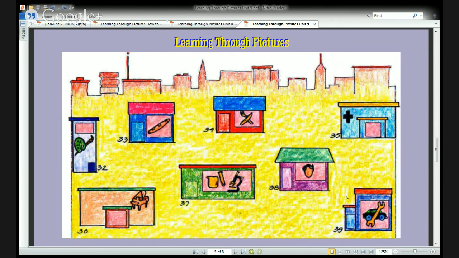And now you know a whole ton of words for occupations, and where they work.